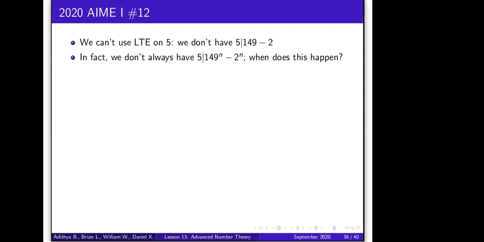But for which n is the difference of powers a multiple of 5? I see we already have an answer in the chat. So we'll simplify this modulo 5. 149 is congruent to 4 mod 5. So 4 to the n minus 2 to the n mod 5. And then we can factor out a 2 to the n.